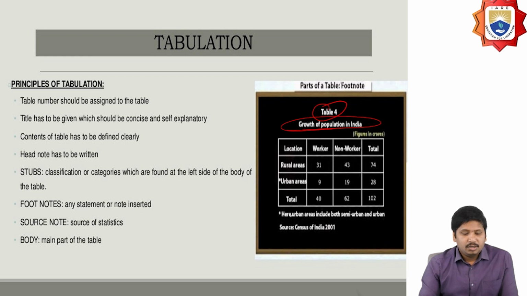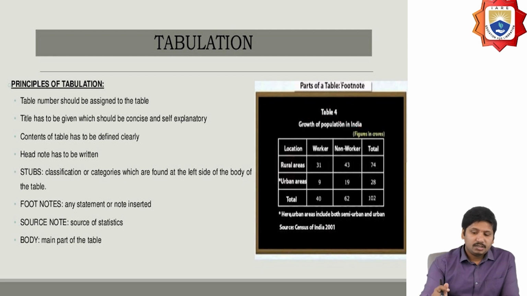A head note is to be written, the classification and categories are found on the left side of the table, footnotes of any statement or note are inserted, a source note gives the source of statistics, and the body is the main part of the table. These are the principles to follow for creating a tabulation.